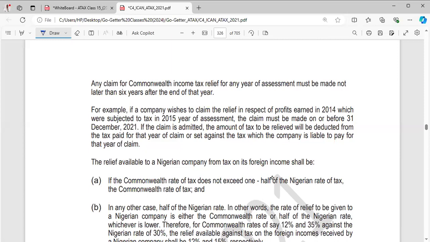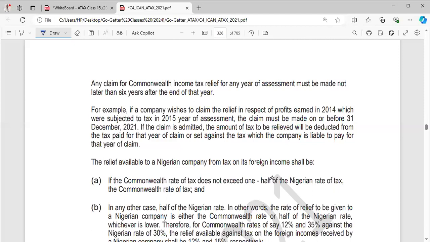So let's count: 2015, 2016, 2017, 18, 19, 20, so 2021. So after 6 years, it means that if you don't claim it in 2015, you still can claim it. You have up to 6 years grace to claim it, up to December 2021.